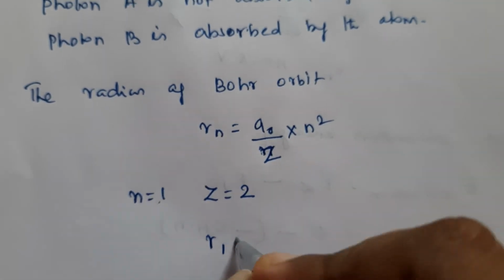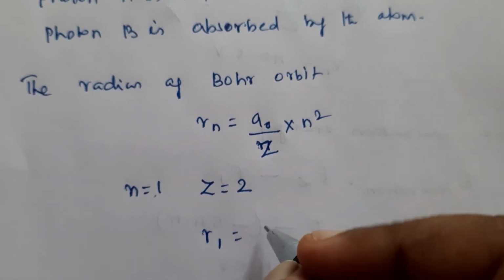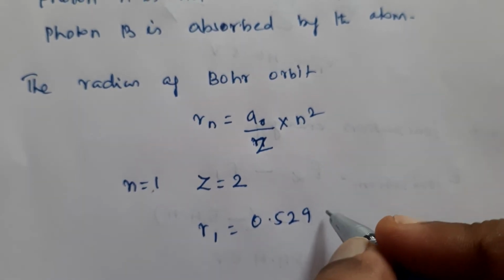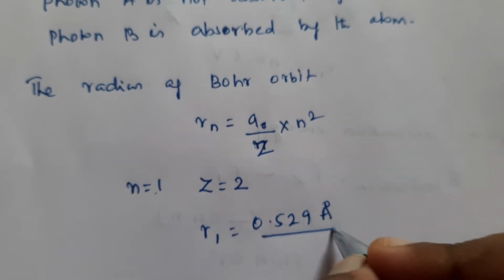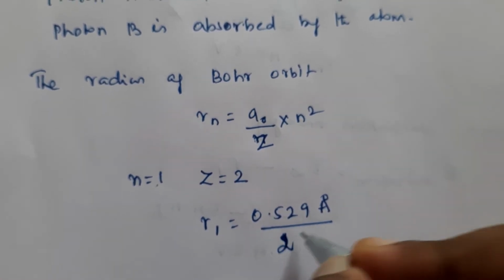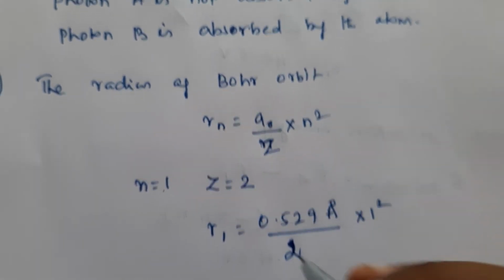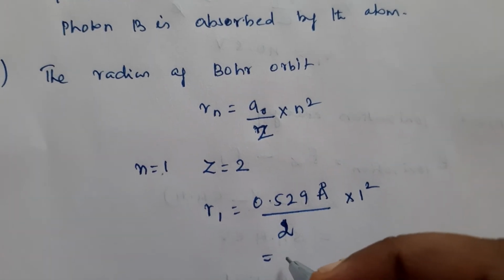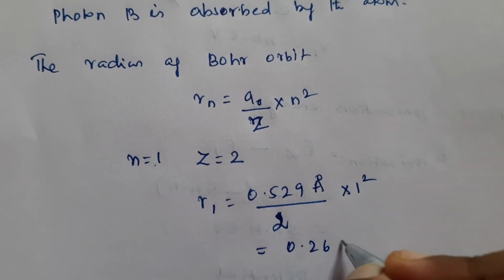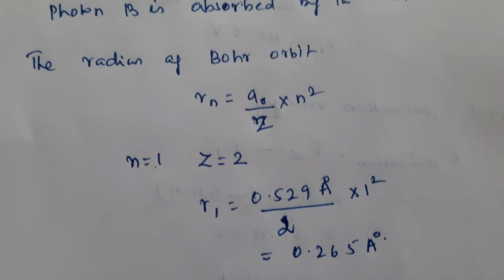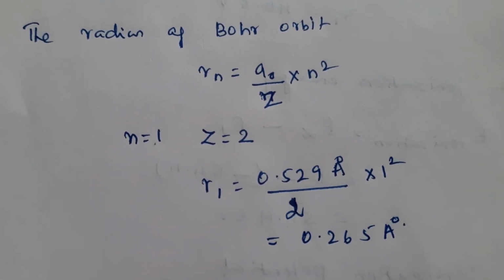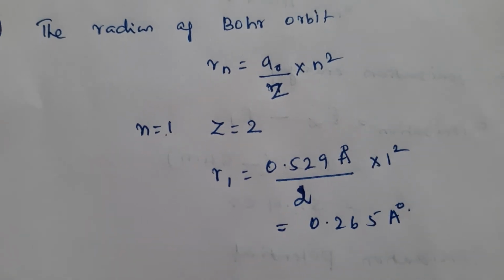So R1 is equal to A0 value, which is 0.529 Armstrong, by 2 into 1 square. 0.529 by 2 is 0.265 Armstrong. So the radius of the first Bohr orbit is 0.265 Armstrong.